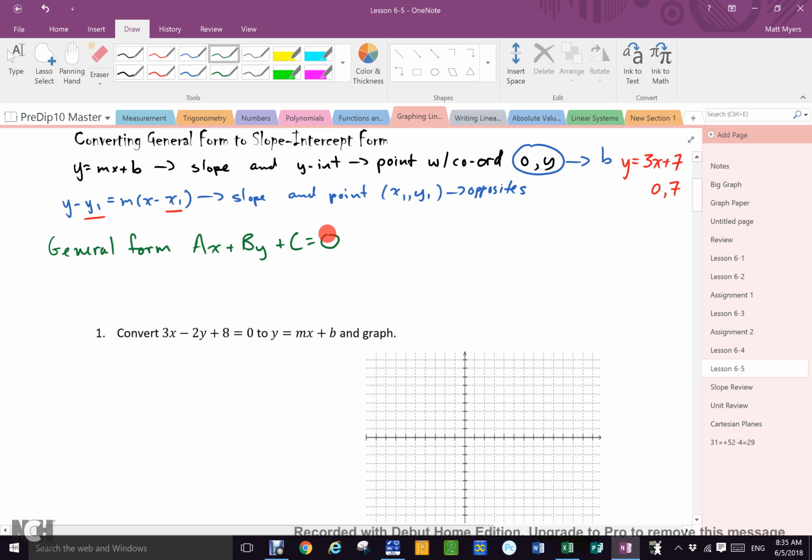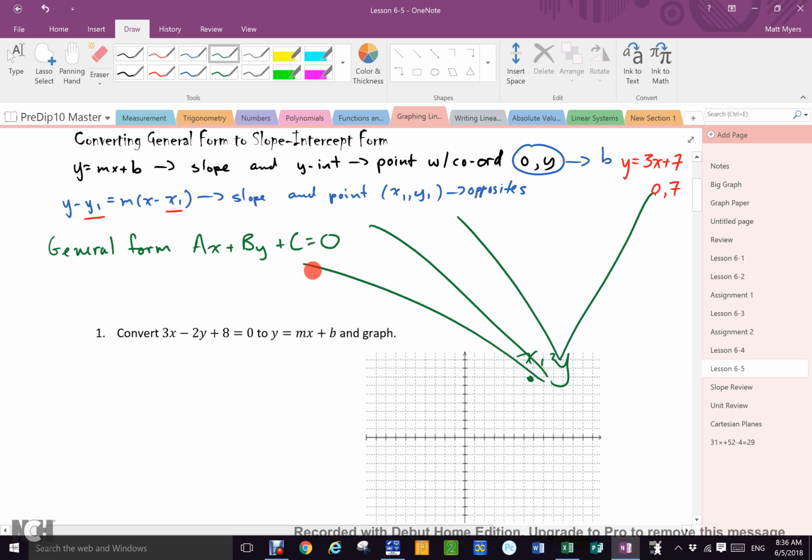Now, please notice there are some similarities between all three forms. What are they? They all have an x and a y. Where do those x's and y's come from? The coordinates, right? Every point on this thing is an x and a y, yes? Which means that point right there has an x and a y, which can go into every x and y in any form.